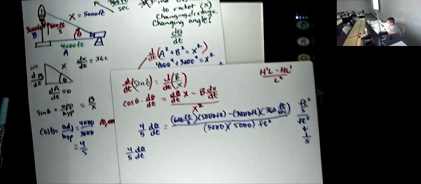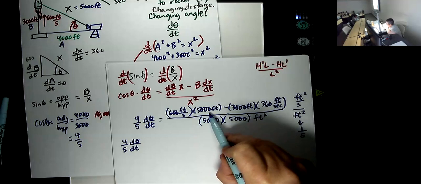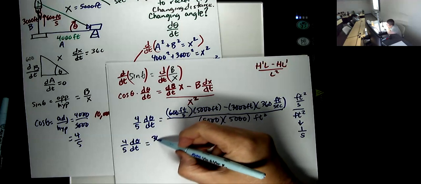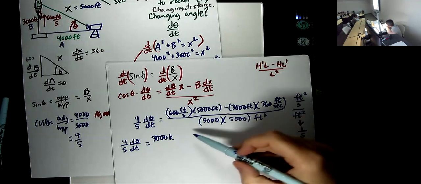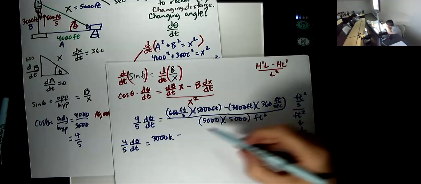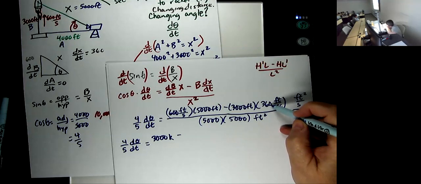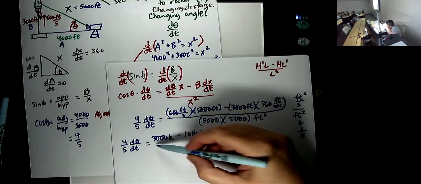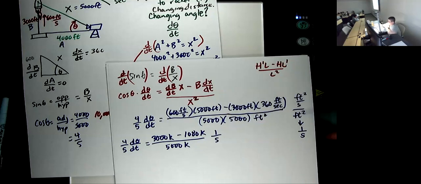All right, this is some messy stuff. I'm going to go back to K. 5K times 600 is 3,000 K. Minus 360 times 3K. 360 times 3 is 1,080. 1,080 K over 5,000 K per second.